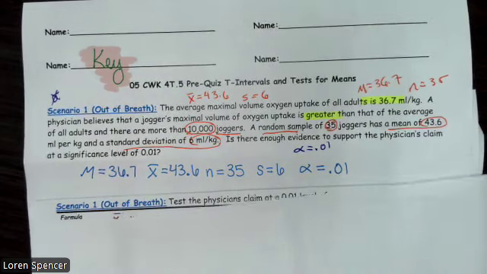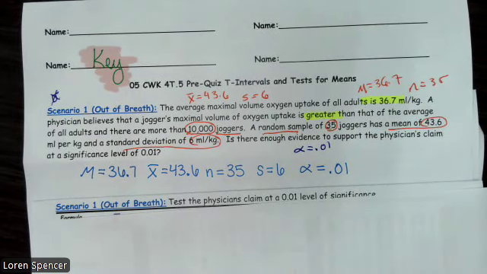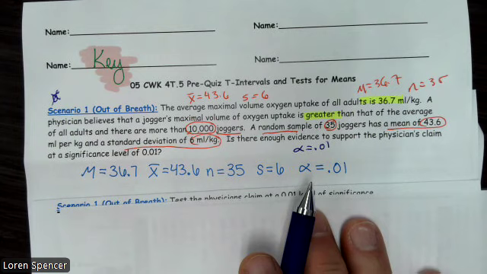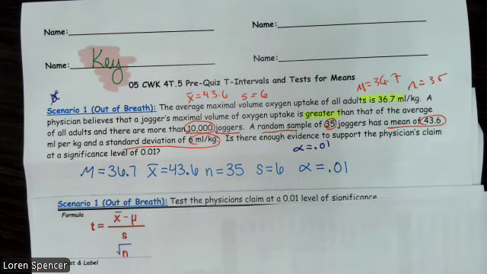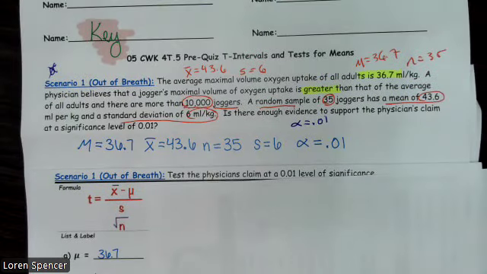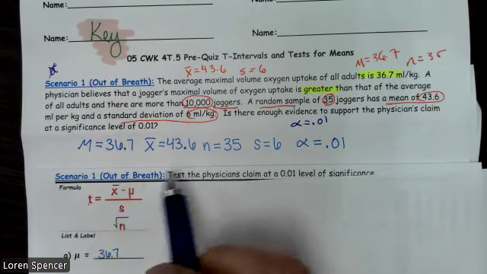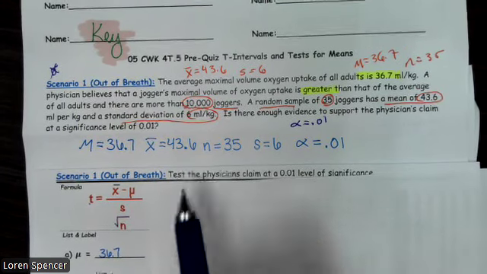Since we know it's going to be a one sample t-test, let's start by writing our formula. Our formula is T equals X bar minus mu over S divided by the square root of N. Again, we're using a T because we're using the sample standard deviation.